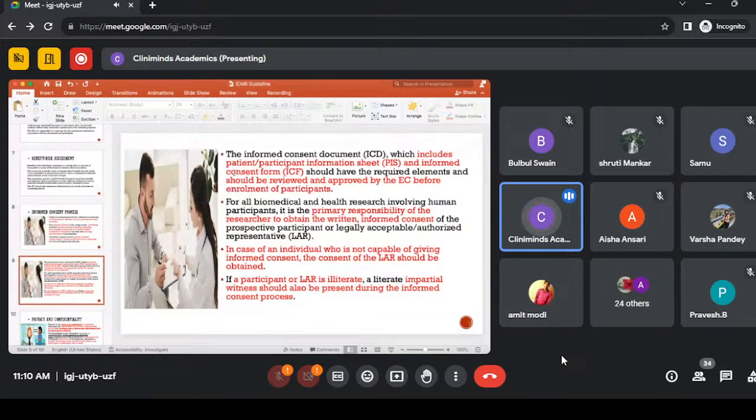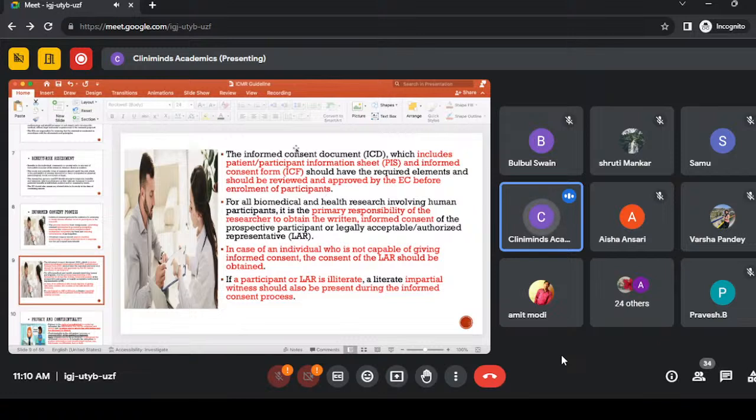So it's a consent form in which the patient gives their consent that yes, they are willing to participate in this particular trial after being well informed about the trial.